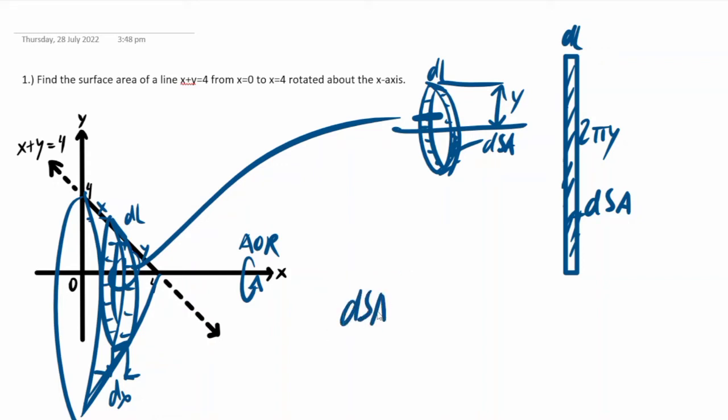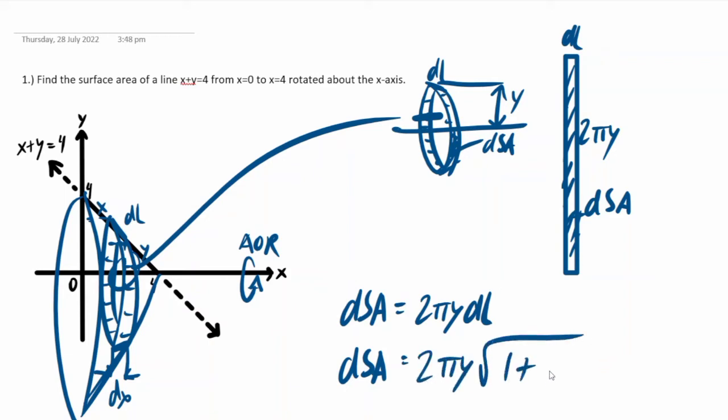This differential surface area is equal to, just like the formula for the area of a rectangle, multiply the width and the length, that is 2 pi y dl, and dl is equal to the square root of 1 plus y prime squared dx. So let's substitute that.